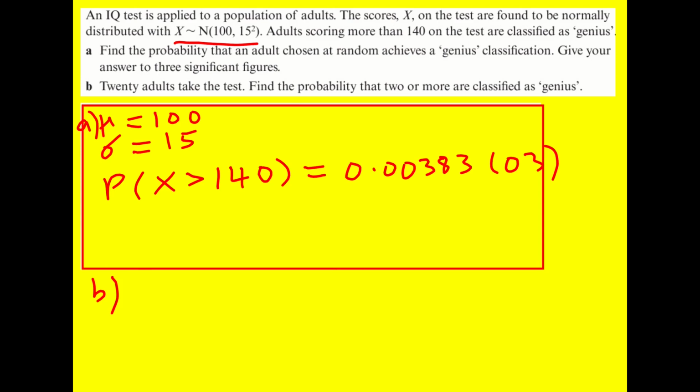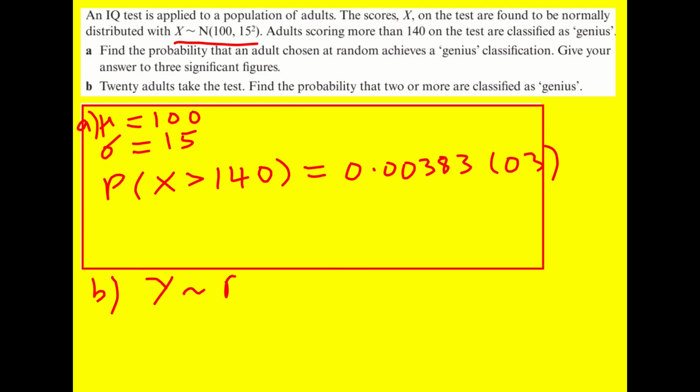Well, guess what? Guess what distribution has creeped back into this topic? This is 20 trials with a success or failure of being a genius. Probability of success 0.0038303. This is a binomial distribution.